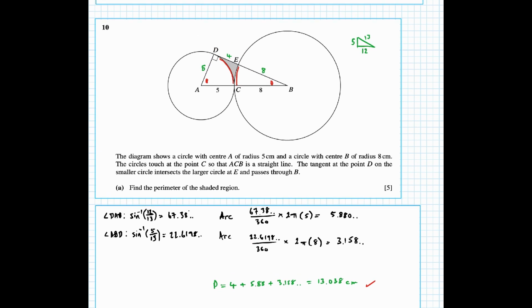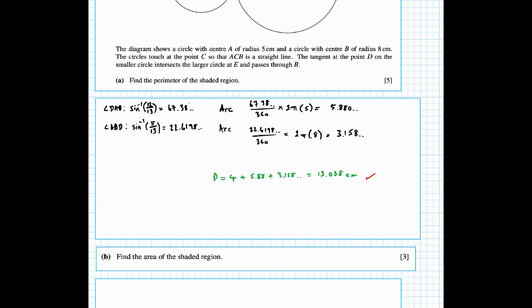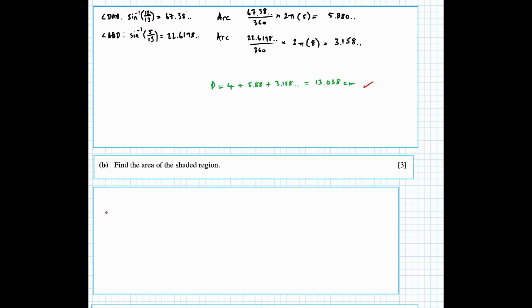Second part, find the area. So find the area of that shaded part. Okay, find the area of the triangle and subtract the sector areas. That makes sense.